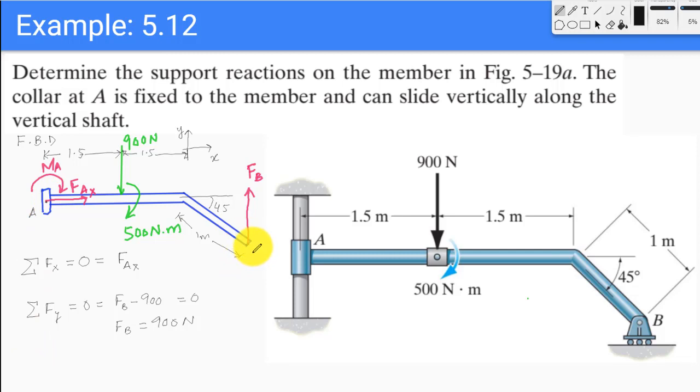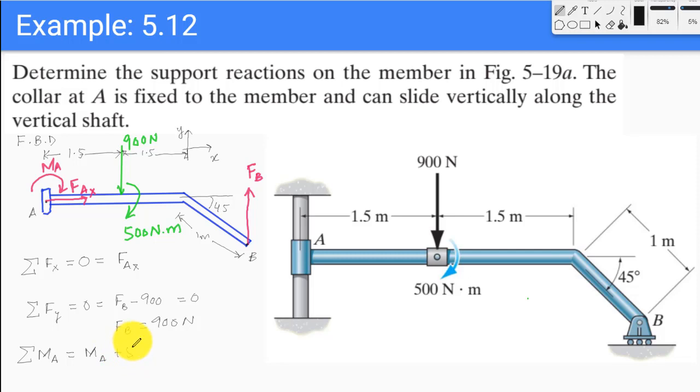And as we saw earlier, we choose a point where calculating the moment is the easiest, so we just choose the point A. So we have a moment MA, the sum of all the moments at A. So this is different from this MA.